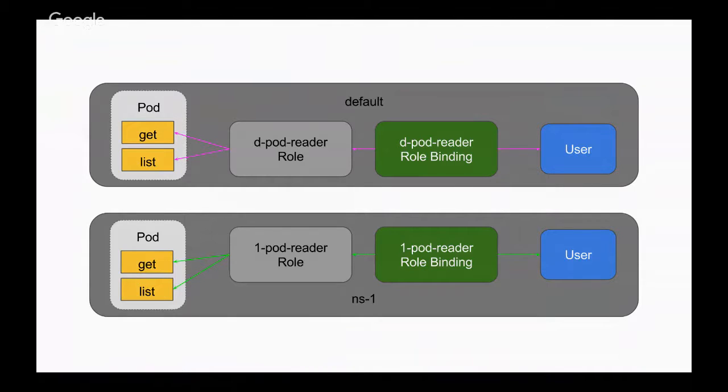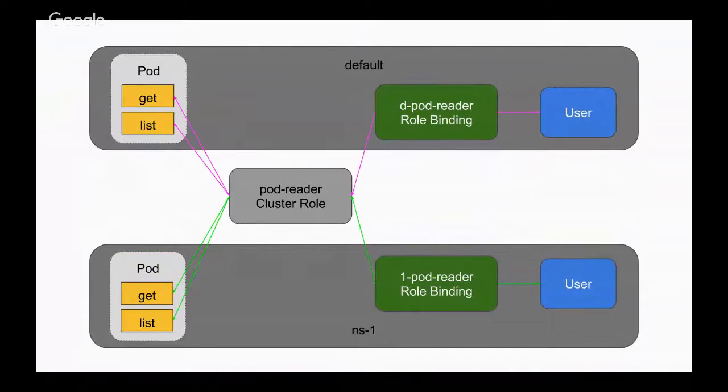Now, there are interesting scenarios where we would like to be able to grant the same kinds of permissions to people in different namespaces. An example of that is if you have multiple teams, each team gets their own namespace, and you want somebody on that team to be an administrator of their namespace.